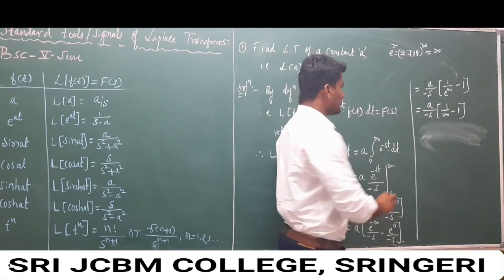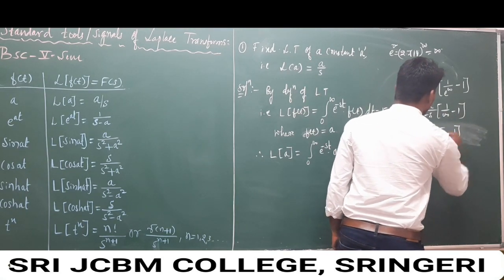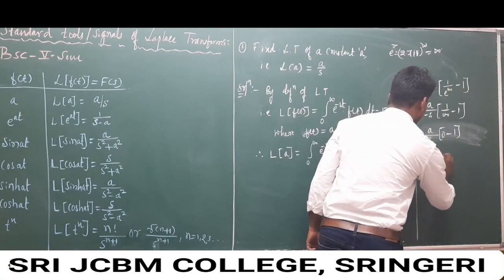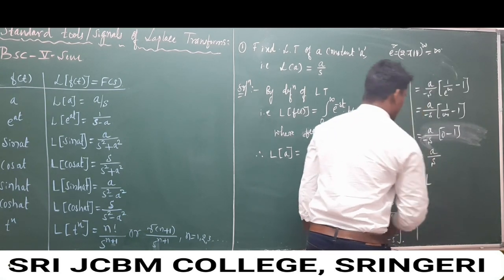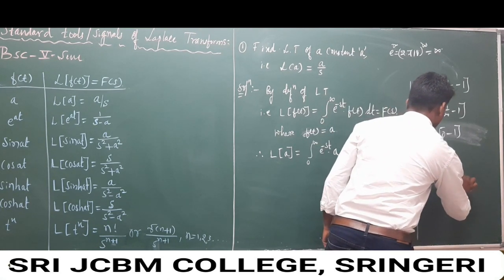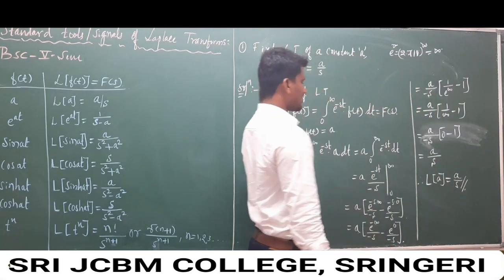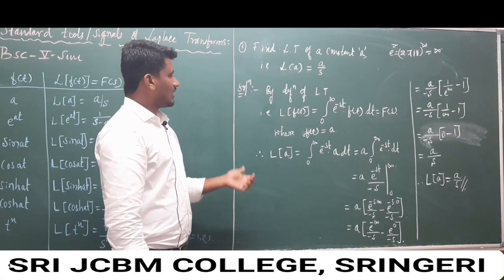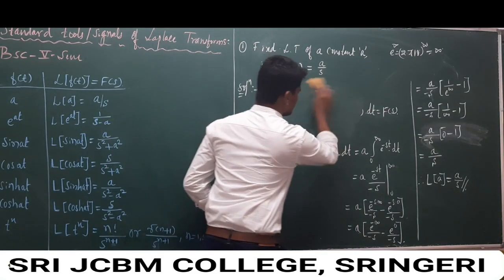So we have a over minus s times 0 minus 1, and multiplying with minus 1, definitely we get a divided by s. Therefore the Laplace transform of any constant value is equal to a over s in the frequency domain, and this is the solution for any constant value of f of t, the time domain function. I will take one example.